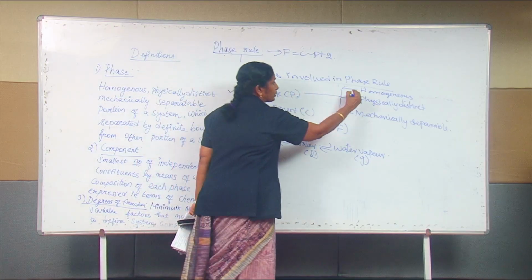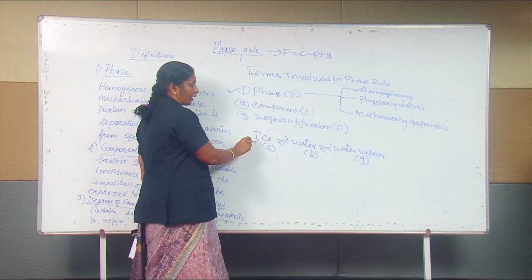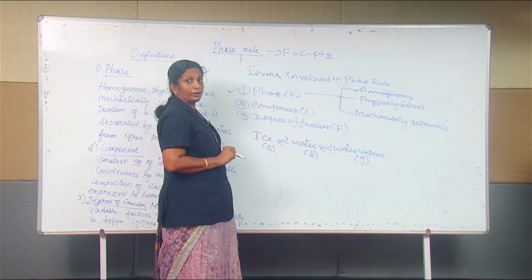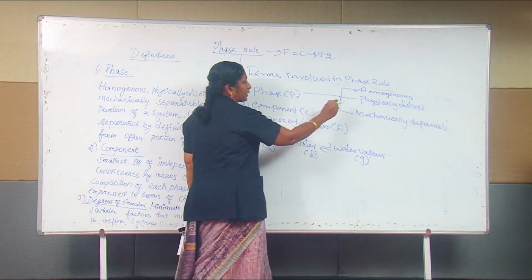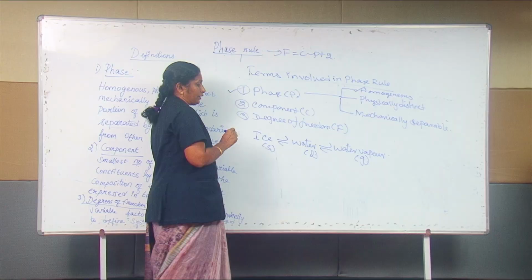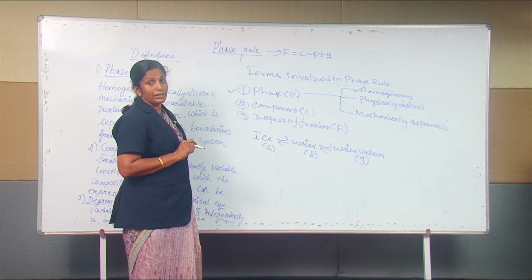Now compare these three things with the definition of phase. The first one is homogeneous, that is, the characteristics of ice, water, and water vapor are the same. Second is physically distinct, that is, the ice, water, and water vapor can be physically distinct.